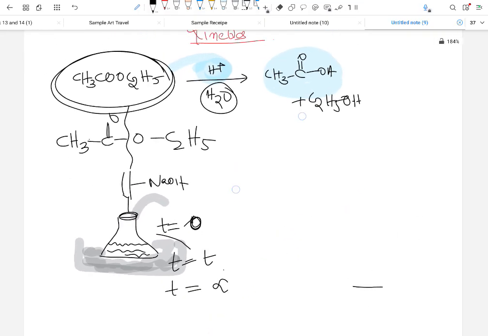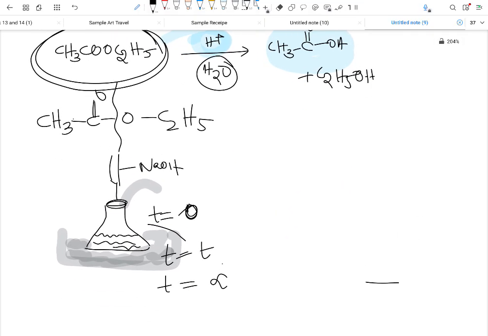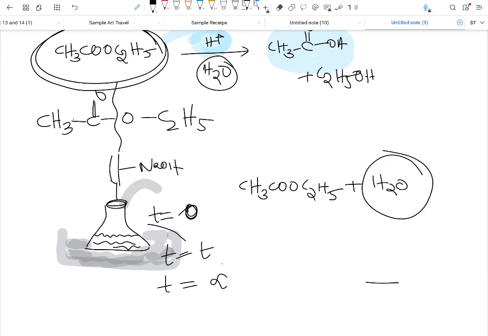Here we know that the reactant is CH3COOC2H5 plus H2O. H2O we are already taking in a large excess amount. H+ will definitely be there, which initiates the reaction and acts as a catalyst.